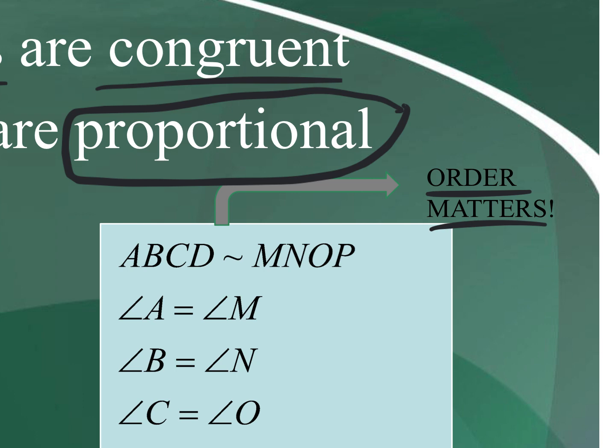Take a look at angle A. What would have to be the congruent angle to angle A in the other figure? M. Why M? It's the very first letter. What about D? What would have to be the congruent angle to D? P, because it's the last letter. Do you guys see that? So the order 100% matters.